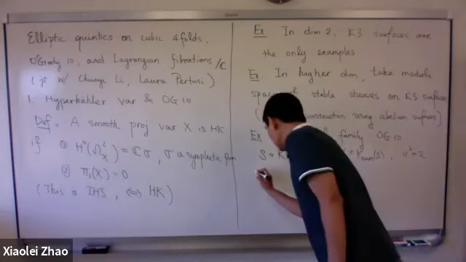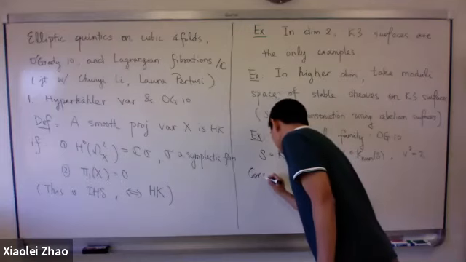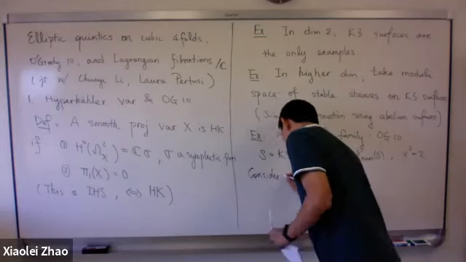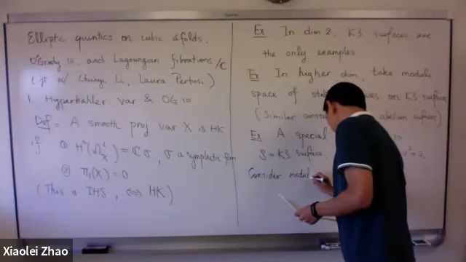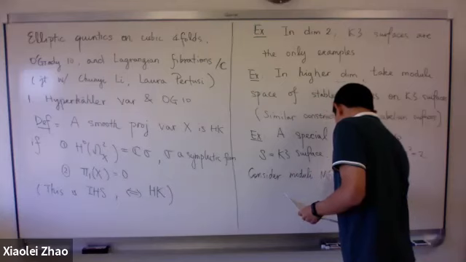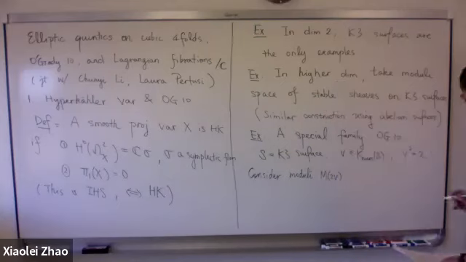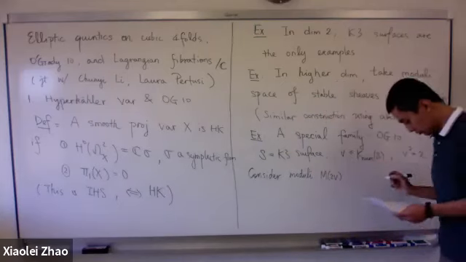Now I consider the moduli space. I will write this as M_2v. Notice I'm multiplying this by 2.